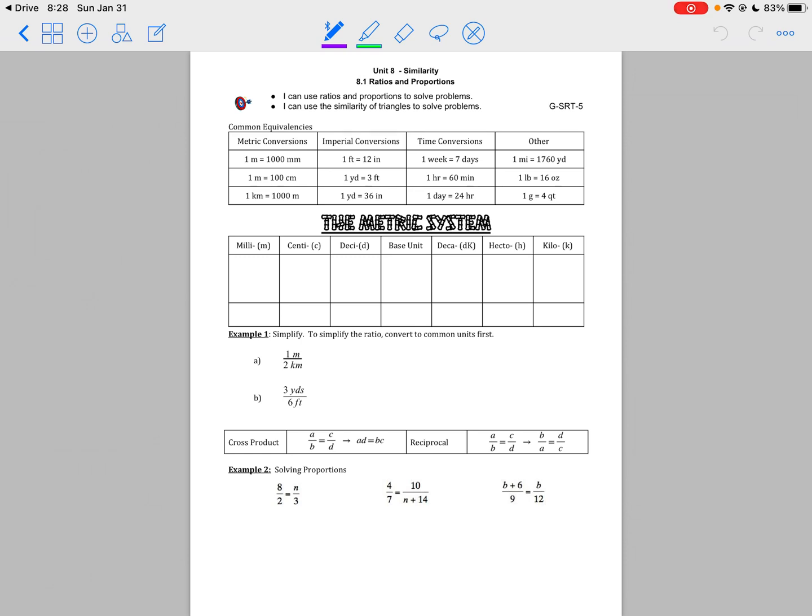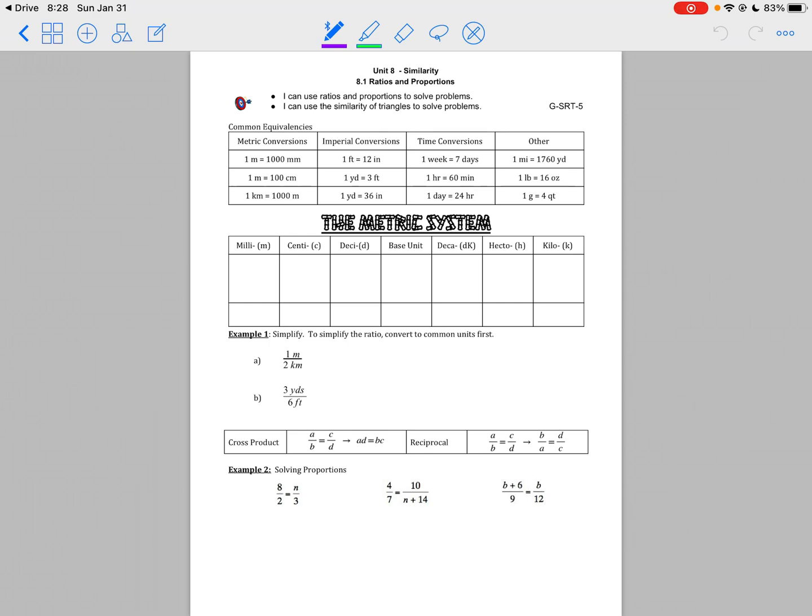So those are some common time conversions. And then some other things are converting between systems. So 1 mile is 1,760 yards. 1 pound is 16 ounces, and 1 gallon is 4 quarts. So those are some common measurements that you might need in this unit.